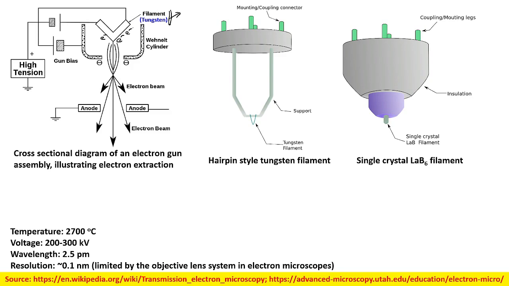Okay, now to create this electron beam, we use an anode. The anode is positively charged, right? Since it is positively charged, and we already have electrons around, they will be attracted, or in other words, accelerated towards the anode.